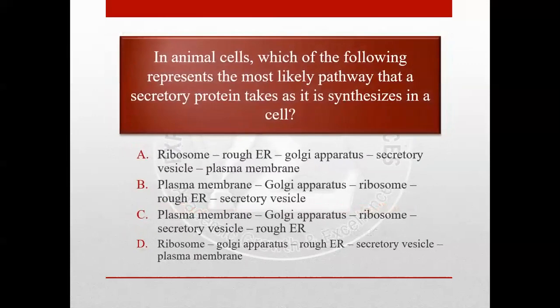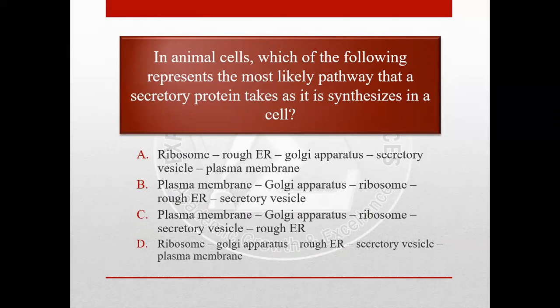In animal cells, which of the following represents the most likely pathway that a secretory protein takes as it is synthesized in a cell? Letter A, from ribosome to rough ER to Golgi apparatus, the secretory vesicle to the plasma membrane. Letter B, plasma membrane, Golgi apparatus, ribosome, rough ER, and secretory vesicle.